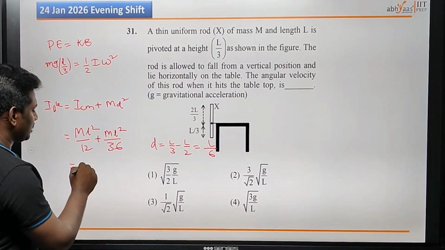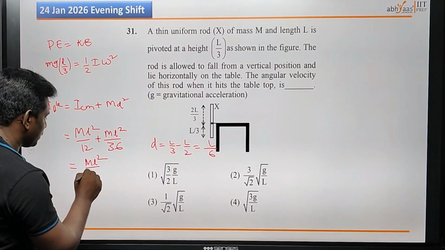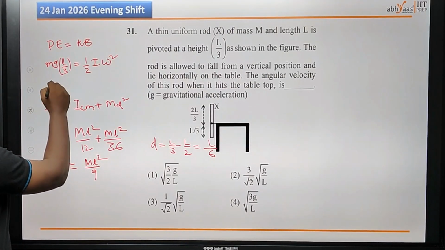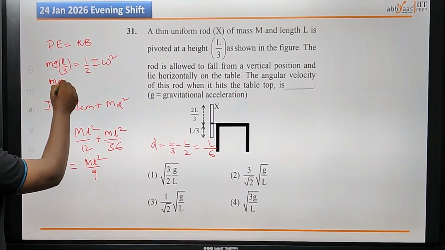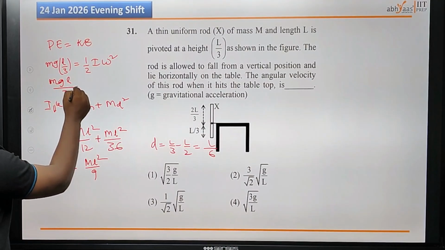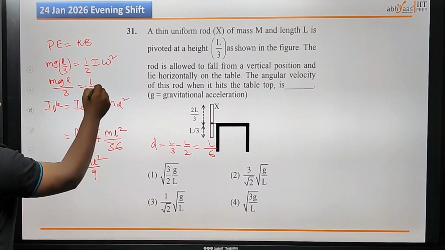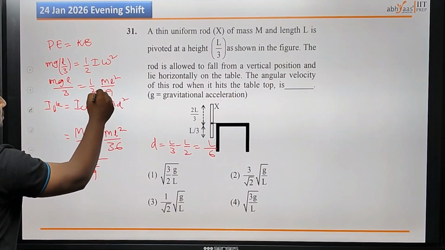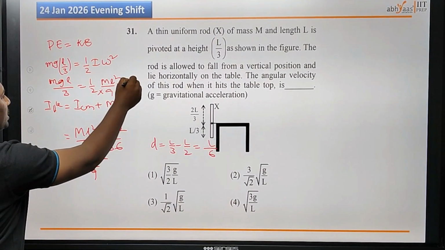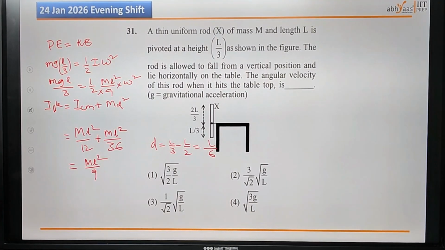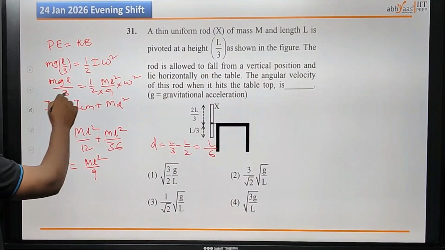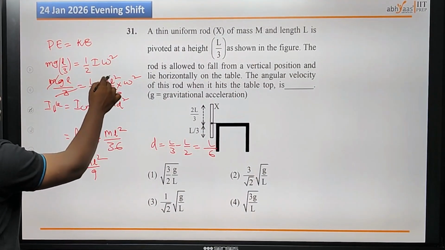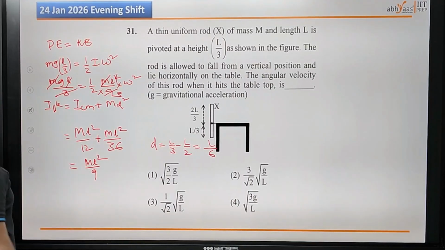So ml square by 9 is our I. Substitute here: mgL by 3 equals half into ml square by 9 into omega square. The m cancels, and L.